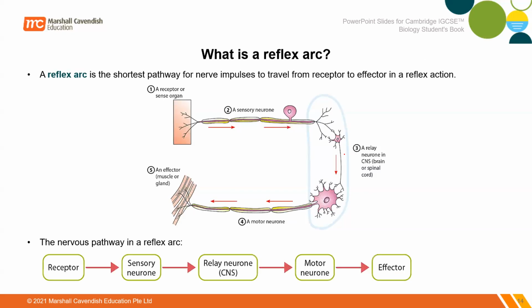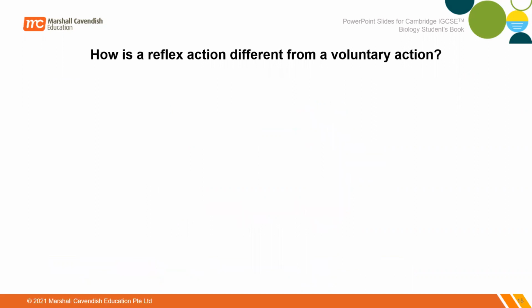So this is the pathway. You need to write about the receptor, the sensory neuron, the relay neuron, the motor neuron, then the effector. If you miss or drop one of the points, you will lose 1 mark definitely.